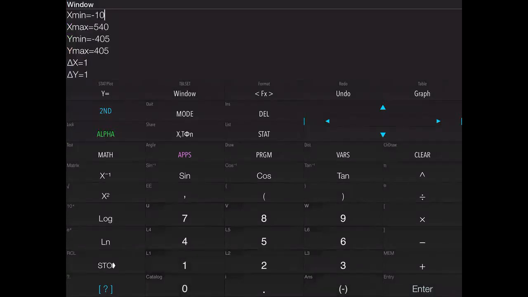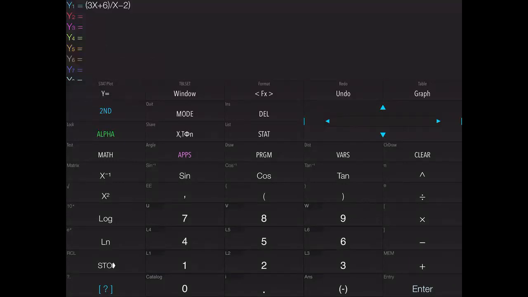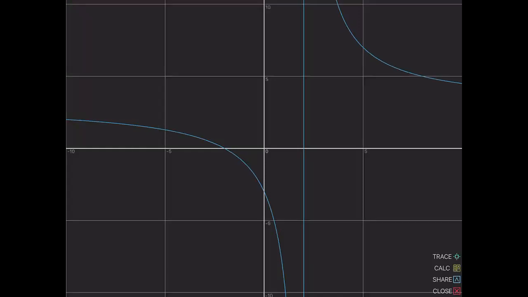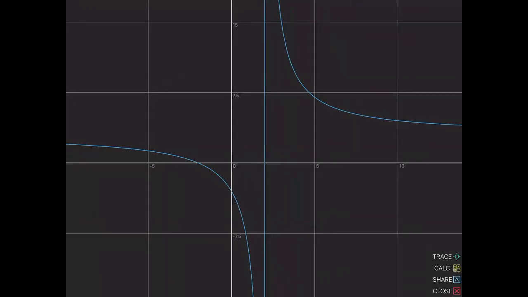I'll do the default 10 by 10s. Oops, that's why: a parentheses error. That should be x minus 2. You've got to be careful with those parentheses when entering functions in your calculator. And there we go. Let's see if I can zoom out a bit more. It's much easier to draw this on the physical calculator than this app.